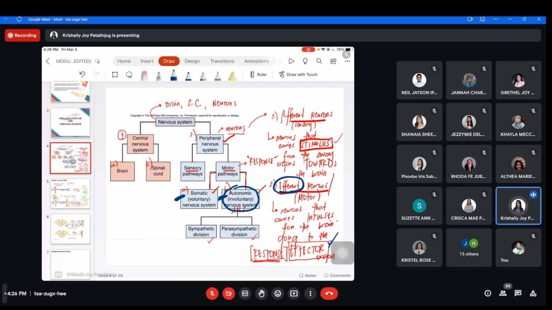So for the autonomic nervous system, since under it are efferent neurons or motor neurons, you will expect that the responses are involved here.